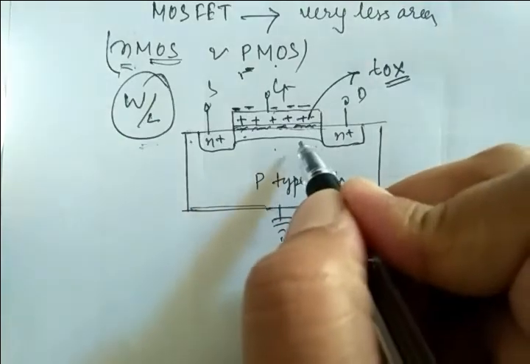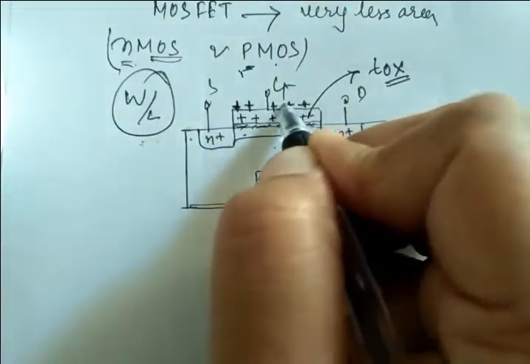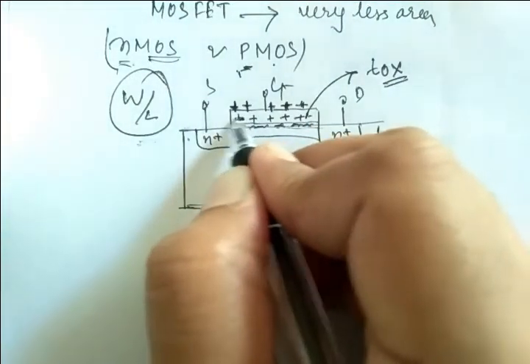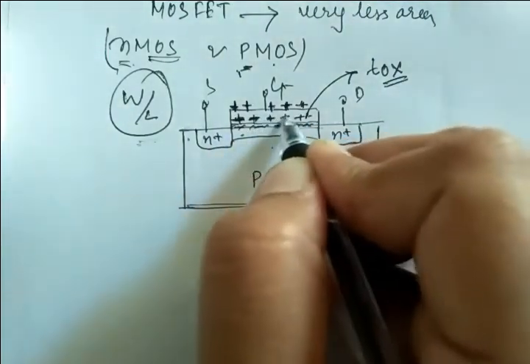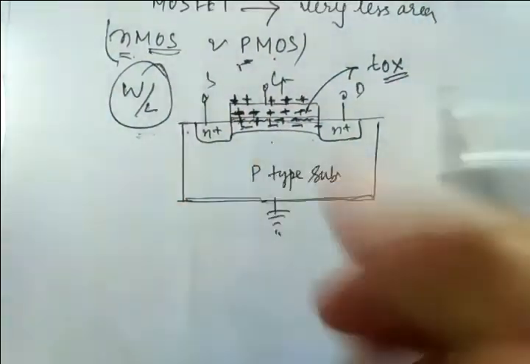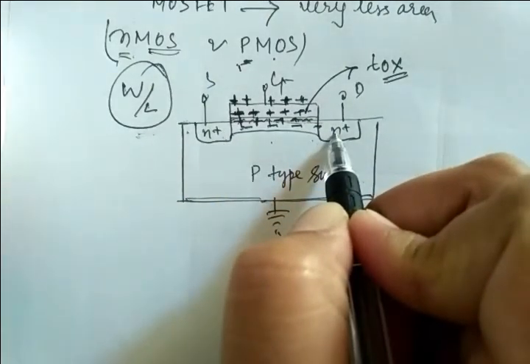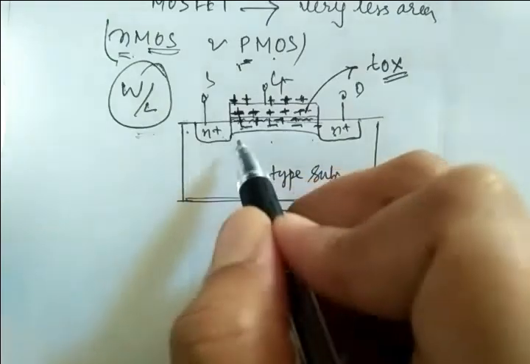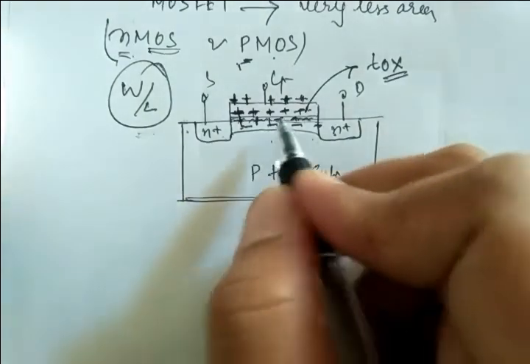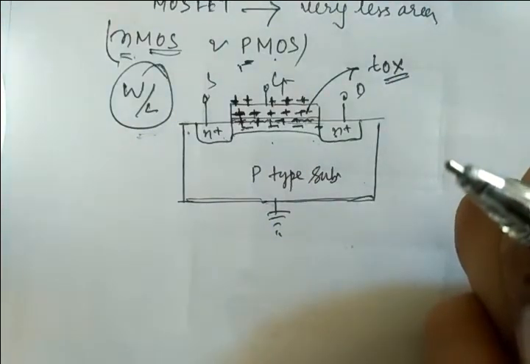This N channel means NMOS, sorry. So we have to apply a positive gate voltage, because this is the opposite. If we apply positive voltage, a negative charge will be induced, and whenever negative charge is induced, the source and drain are connected to each other. And if it was P plus, then it is a P channel MOSFET. P channel MOSFET means you have to apply negative voltage there. We all know that, right?